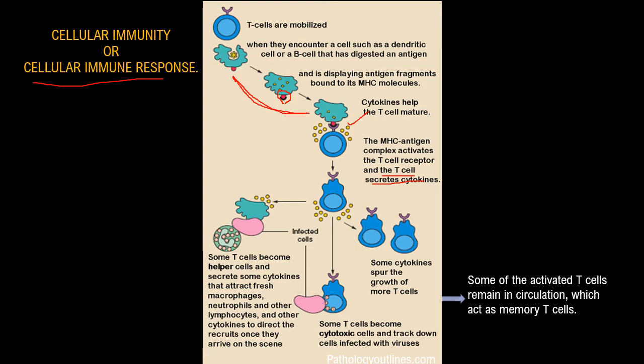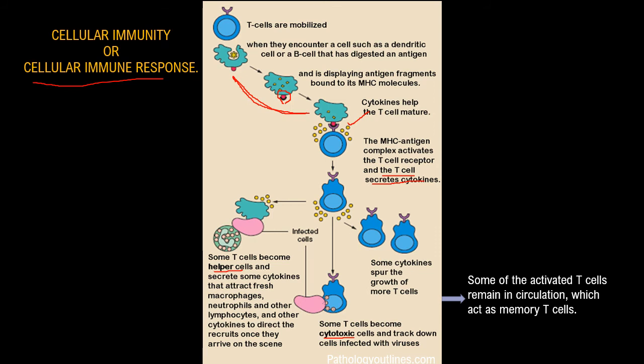Once these cytokines are secreted by T cells, some T cells multiply as helper cells, or some multiply as T cytotoxic cells. So there are two subsets of T cells, T helper cell and T cytotoxic cell.